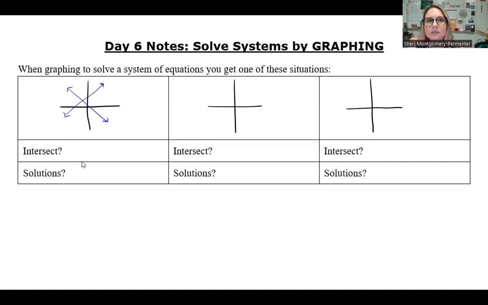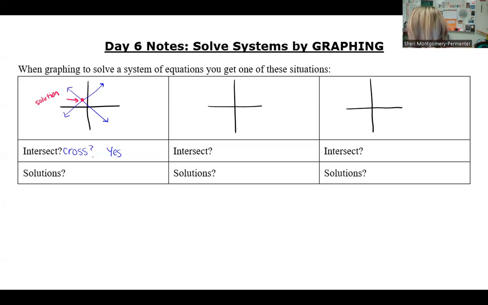So for this one, do the 2 lines intersect? Do they cross each other? Another word for intersect would be, do they cross? Yes, they do. So where do they cross? Right there. That is your solution.